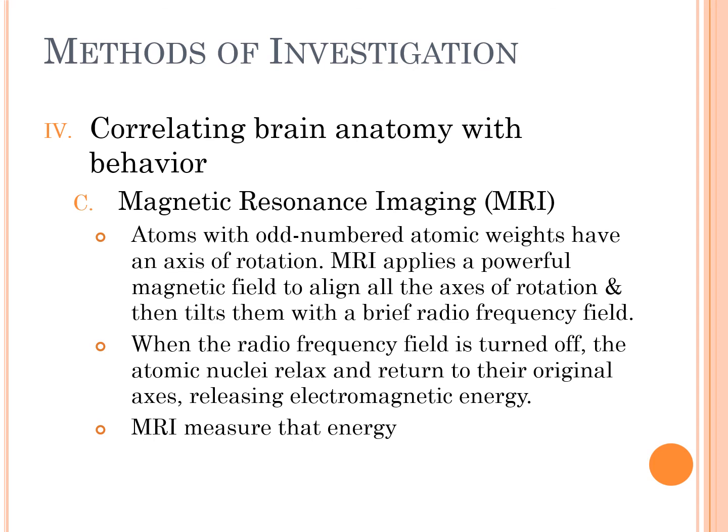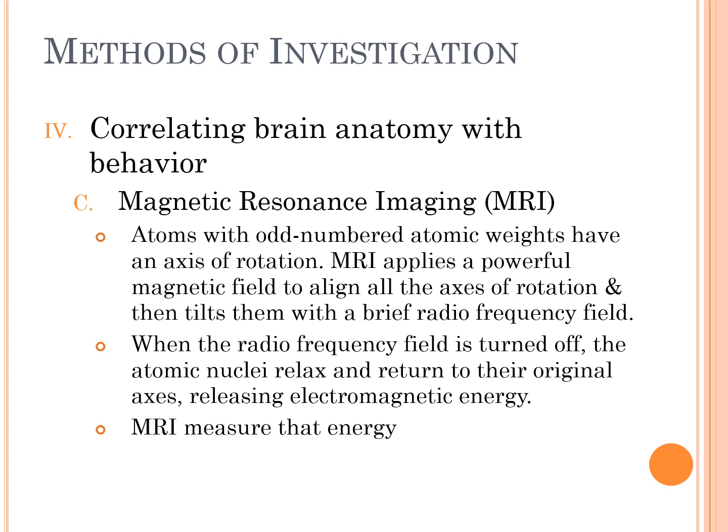And the MRI applies this powerful magnetic field to align all the axes of rotation of those atoms. And then they pass this radio frequency field through, and then it stops. They start it and then it stops. And that radio frequency field tilts those atoms.